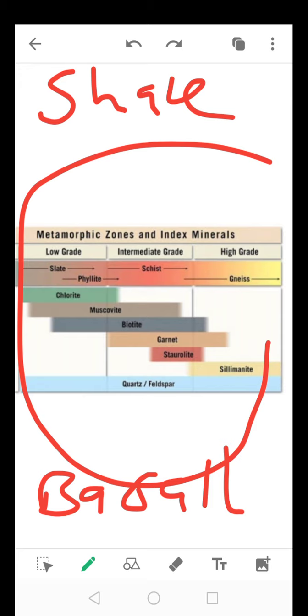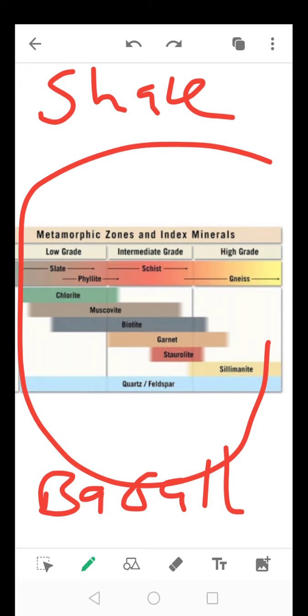And should the conditions be greater than the high grade, we have a likelihood that we might not form a gneiss, but we can have a mixture of metamorphic and igneous rock, which in this case is a gradational rock called a migmatite. But we will talk about that.